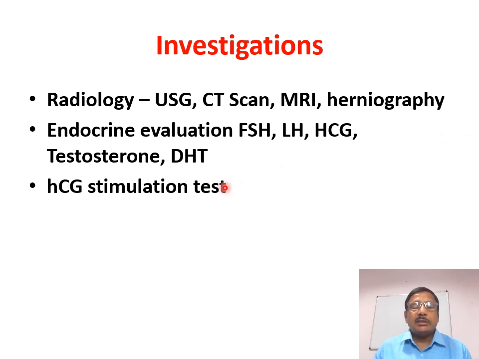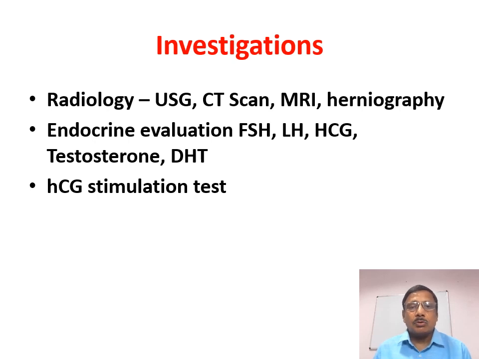And even if one testis is present within the abdomen, this human chorionic gonadotrophin stimulation test will be positive. This test is performed by giving an injection of HCG to the baby.